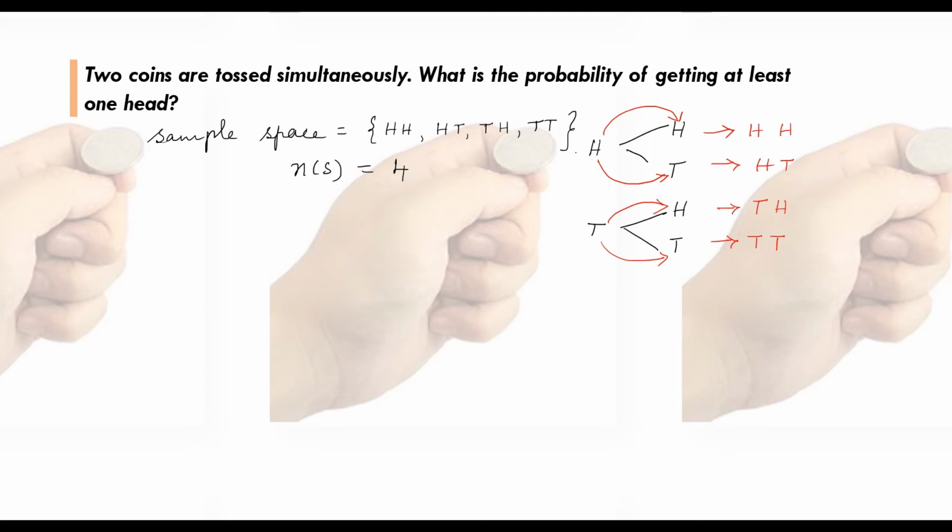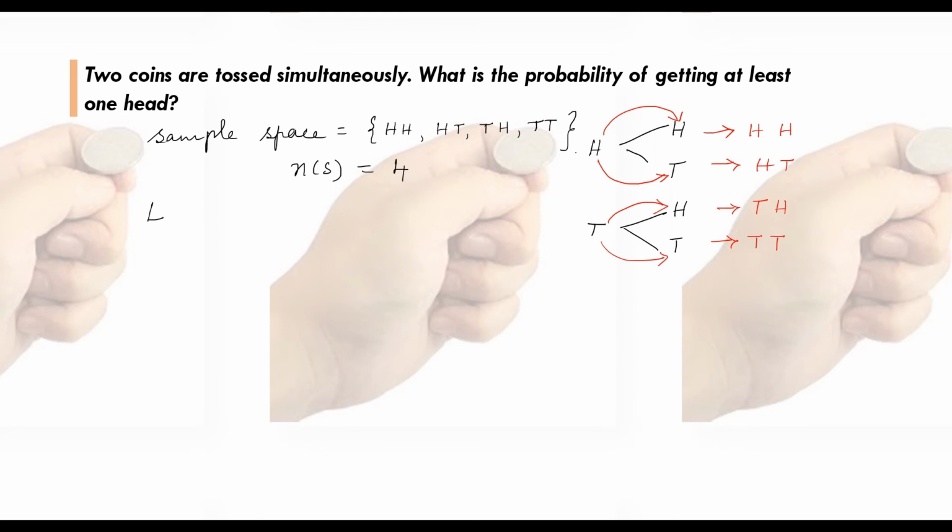Now we have to find the probability of getting at least one head. Here the key word is at least one head. It means it is one and more than one.